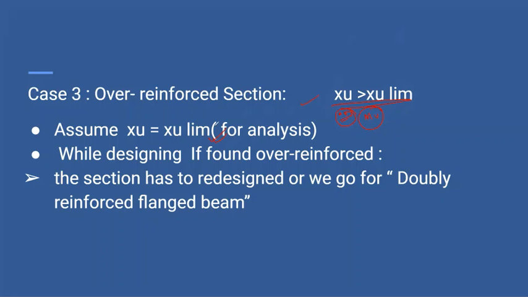So in that situation you have to use this to find out the moment of resistance. We have done a numerical right here. Okay. Otherwise over reinforced section अगर है डिजाइन करने के लिए, you do not design it for that. ठीक है. We either redesign या doubly reinforced flange beam adopt करते हैं.